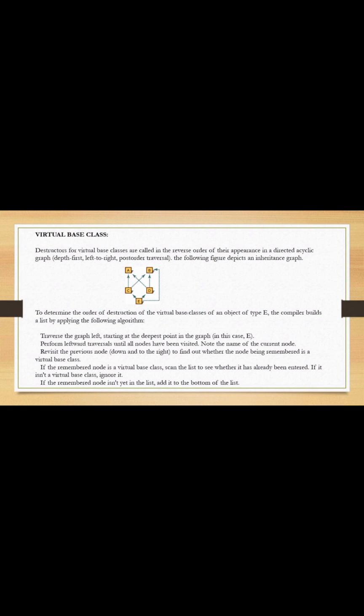Revisit the previous nodes down and to the left or right to find out whether the node being remembered is a virtual base class. If the remembered node is a virtual base class, scan the list to see whether it has already been entered. If it isn't a virtual base class, ignore it. If the remembered node isn't yet in the list, add it to the bottom of the list.